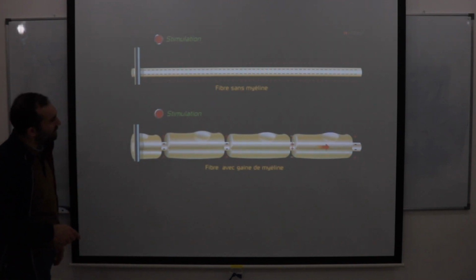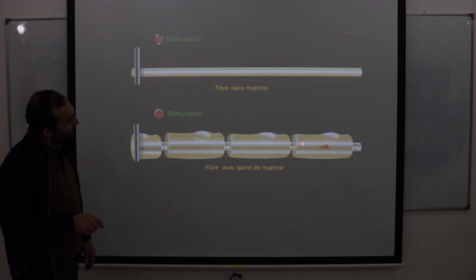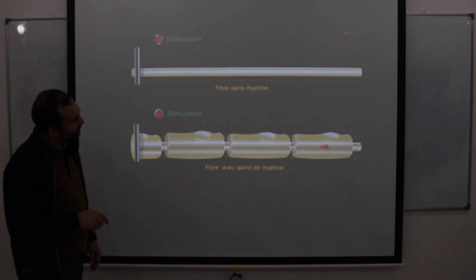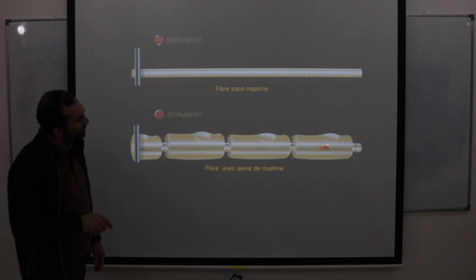But in this case, if the action potential is done in the myelinated fiber in this point, since the myelin isolates the nerve fiber, the action potential can't be done in each point by itself. It can't pass point by point.